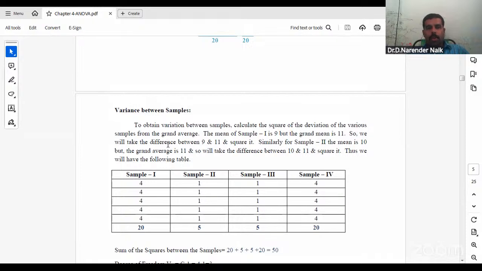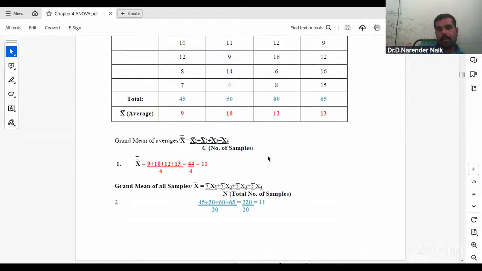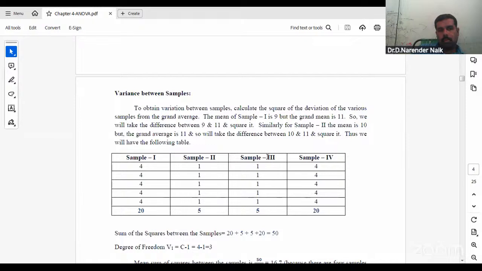Observe carefully. For the first sample, 9 and 11, we simply have to square the difference. 9 minus 11 is 2. 2 squared is 4, 4, 4, 4, total 20.